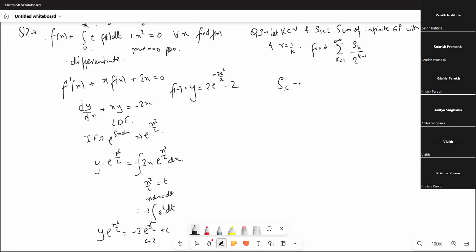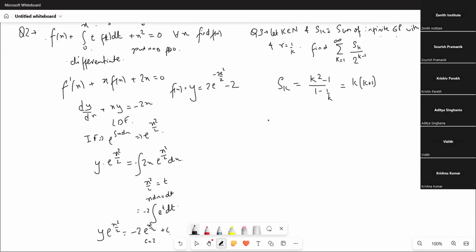So in this, first, what will Sk become? Since it's an infinite GP with a as this and r as this, the sum of the GP is a by 1 minus r, so this would come out to be k into k plus 1.